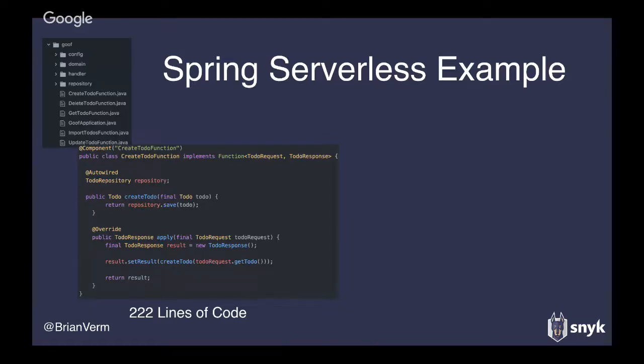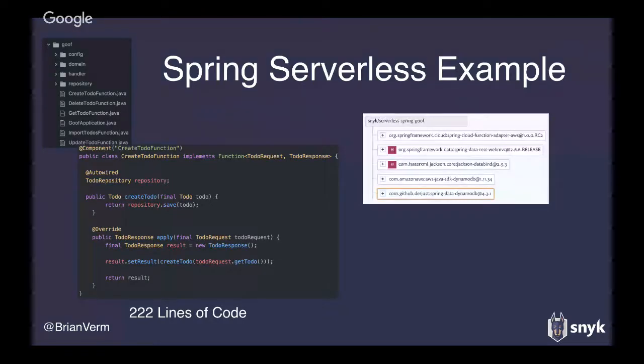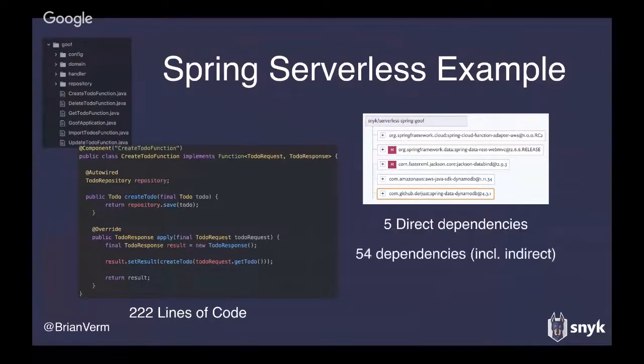For a Java application, it's pretty neat, right? It has 5 direct dependencies. It has 54 total dependencies, but the stunning amount of almost 500,000 lines of code that you put into production. So the code may not be touched, but that doesn't mean it cannot, and it will not be touched.